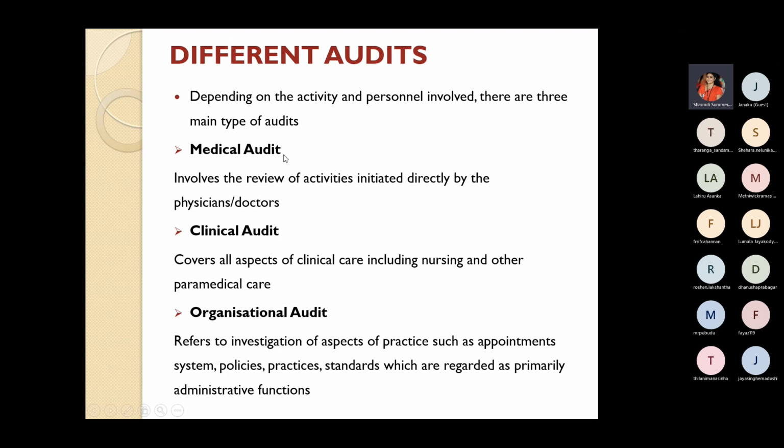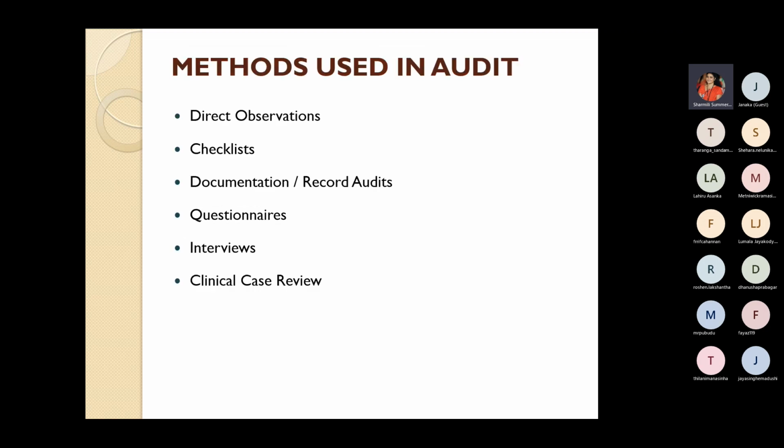We divide these three audits according to the persons we are referring to, but internal and external audit are the basic ones. The medical, clinical, and organizational audits could come under both internal and external audit. So this is another kind of classification of audits.